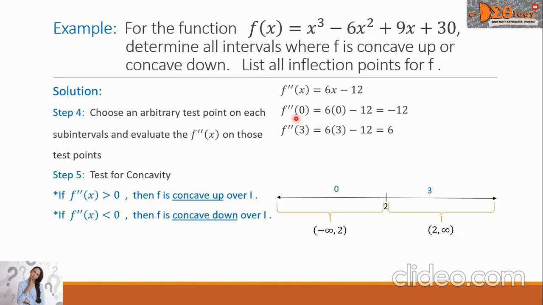So look at our f double prime of 0, the answer is negative 12. Because this is negative, we say that on this sub-interval, the function is concave down. While the second derivative with respect to number 3, the answer is positive 6. Because this is positive, we can conclude that on this sub-interval, the function is concave up.